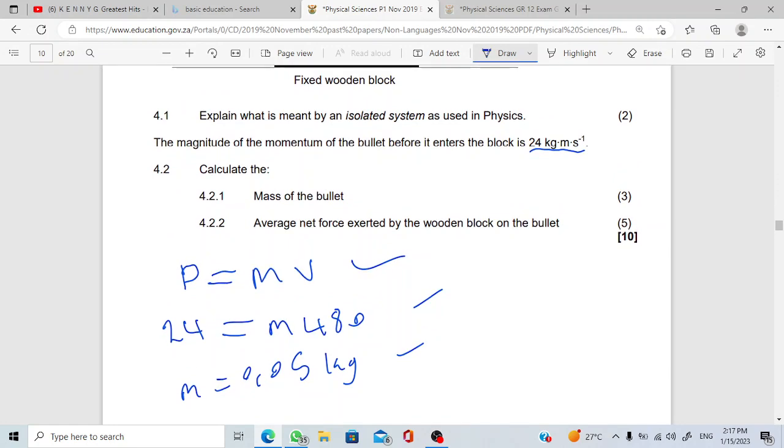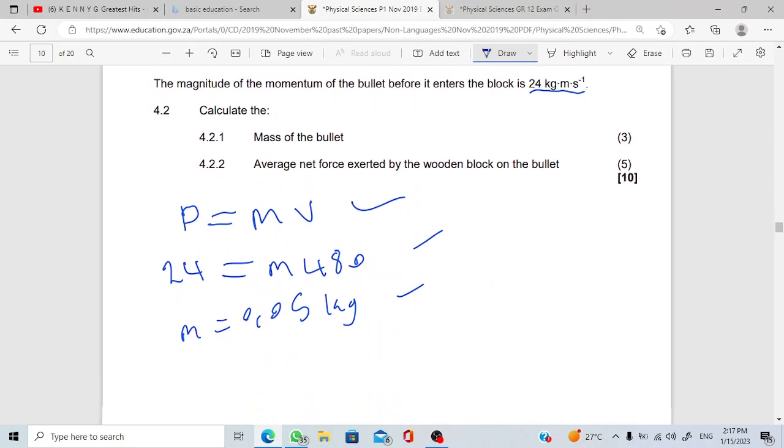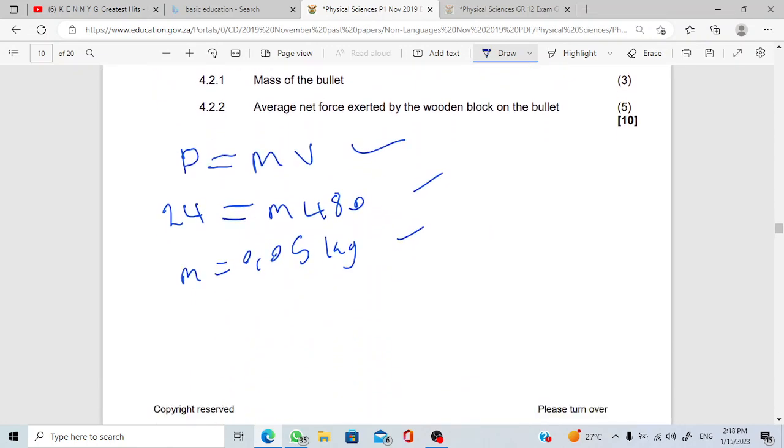Okay, now if they want the average net force, first things first, we can say F net delta T is equal to a change in momentum.